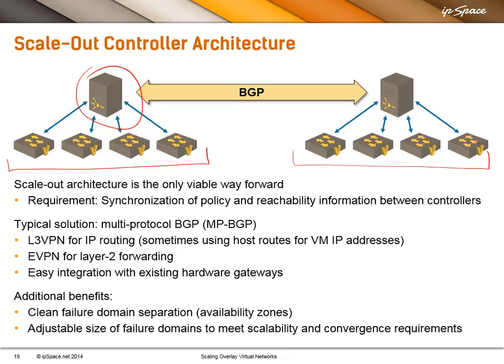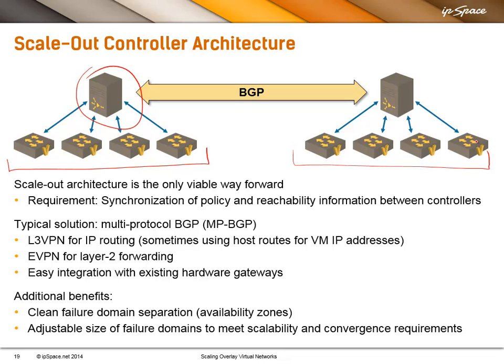But most implementations choose something that has been tested in large-scale real-life networks like the Internet or large-scale MPLS VPN implementations. So you'll see that most of these scale-out architectures use multi-protocol BGP.